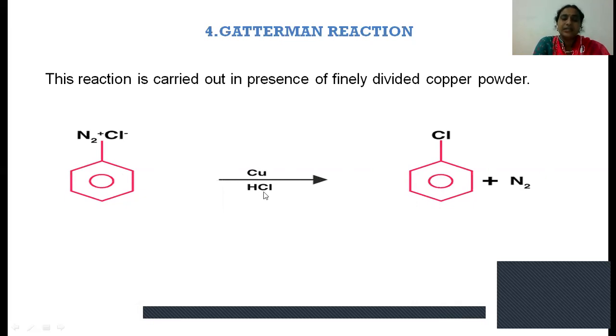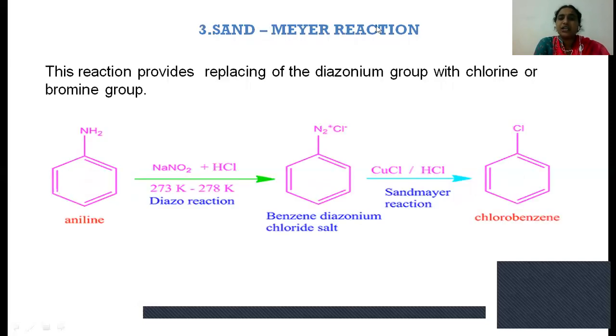In this HCl, H plus is a cation and Cl minus is an anion. This Cl minus will replace the diazonium chloride group and produce chlorobenzene. So with the help of the Gattermann reaction, we can prepare chlorobenzene, whereas with the help of the Sandmeyer reaction, we can prepare chlorobenzene as well as bromobenzene.